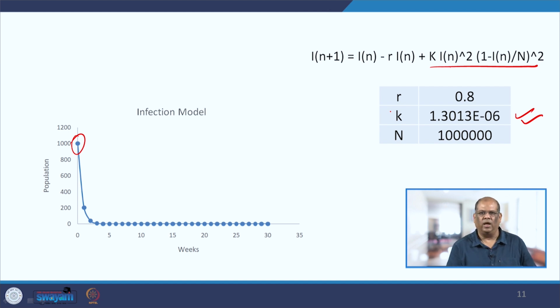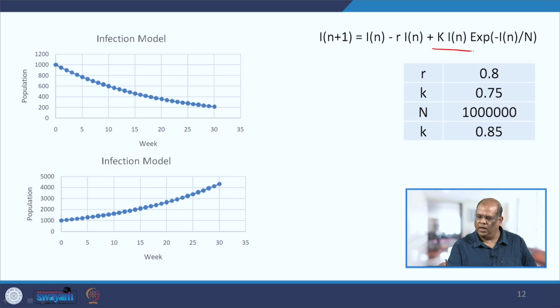So, it depends on the initial condition whether this particular model will be stable or unstable at the point I star equal to 0. But for this value of k, it is stable about I star equal to 0. So, with this model and with this rate of recovery, the infectious population will come down to 0. So, everybody will be cured of the disease.